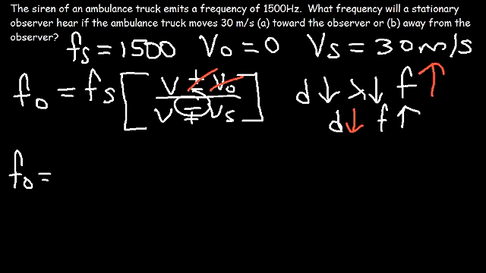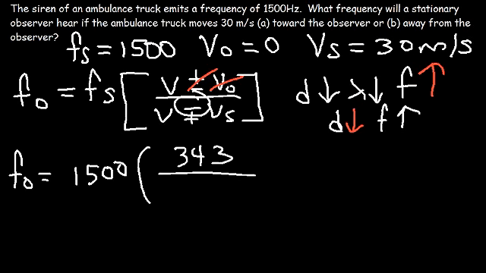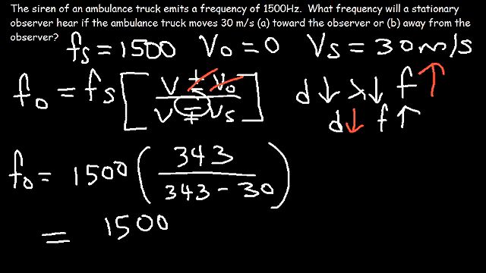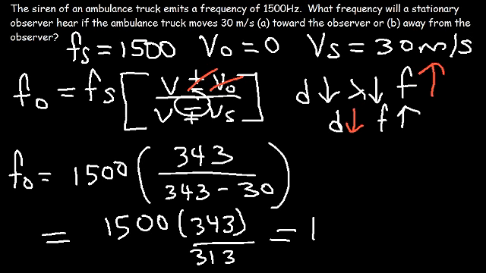So FO is equal to FS, which is 1500, times the speed of sound, which is 343, divided by 343 minus the speed of the ambulance truck, which is 30. 343 minus 30 is about 313. 343 divided by 313 is 1.095846, times 1500 will give you a frequency of 1643.8.